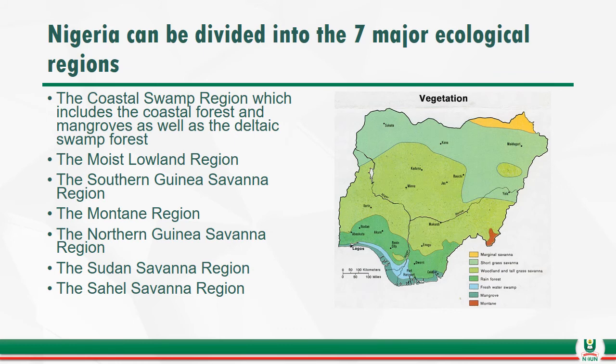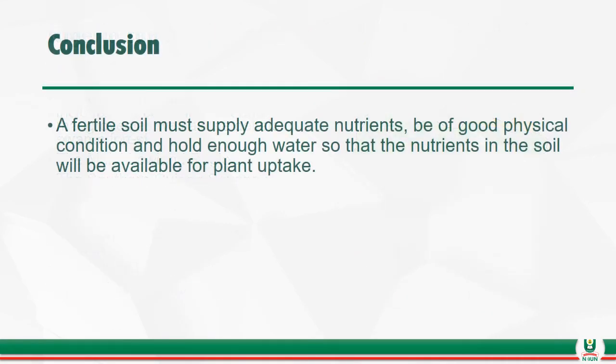We also have the mountain region, which we can see around some part of Enugu and some other parts of maybe Benue and all of that. And we can see the northern Guinea Savannah region, and we have the Sudan Savannah region as well as the Sahel region in the uppermost part or in the front of the Nigerian map.